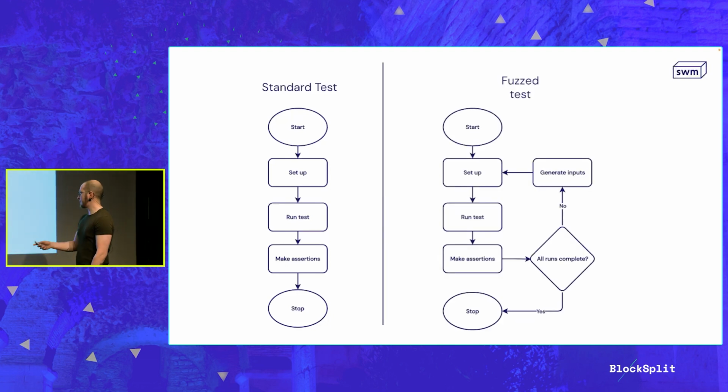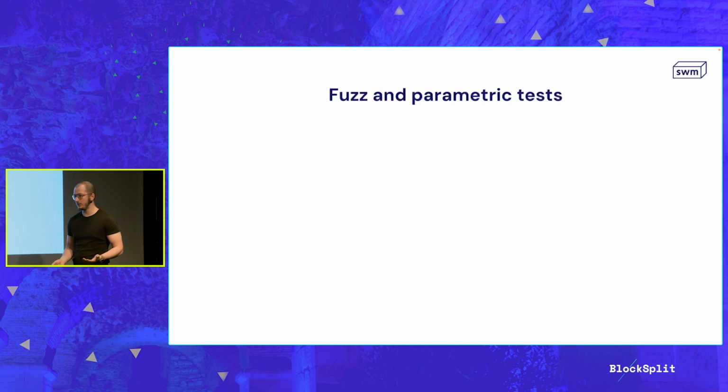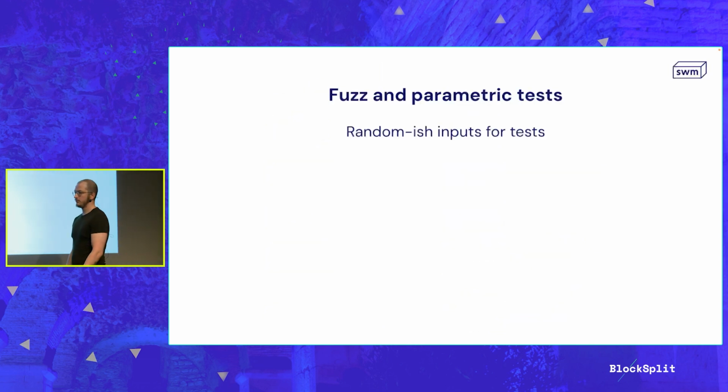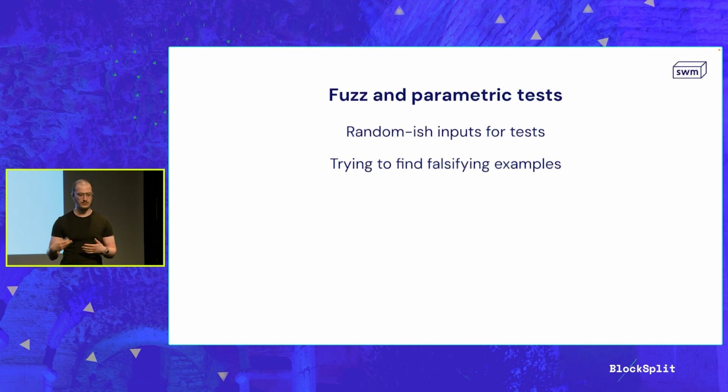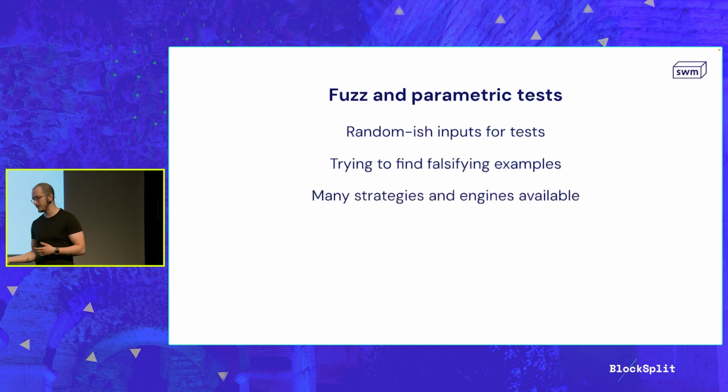But the fuzz test is basically adding a loop for the case, which generates the inputs in some arbitrary way. So those inputs are random-ish, let's say. They try to find a falsifying example for your test case. So basically, it's trying as best as it can to find an example that doesn't satisfy the constraints.